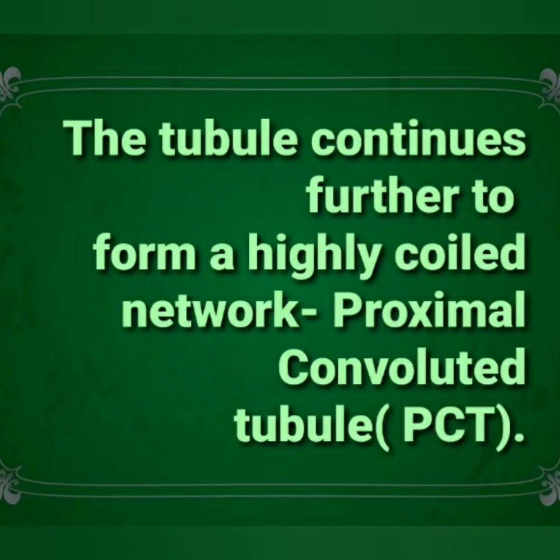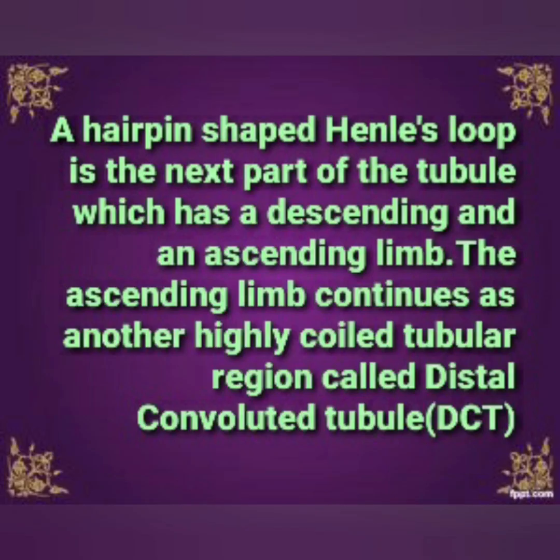The tubule continues further to form a highly coiled network, namely a proximal convoluted tubule or PCT in short. A hairpin-shaped Henle's loop is the next part of the tubule, which has a descending and ascending limb. The ascending limb continues as another highly coiled tubular region that is called a distal convoluted tubule or DCT.